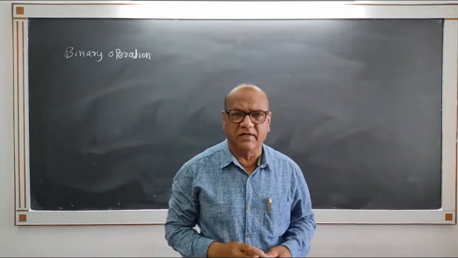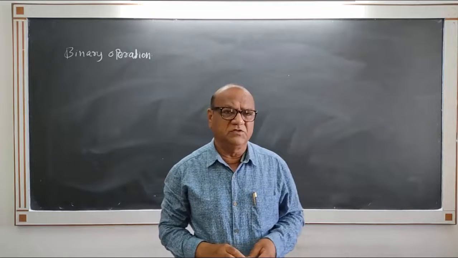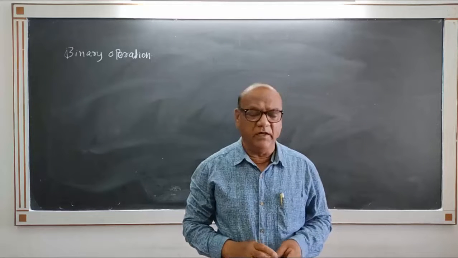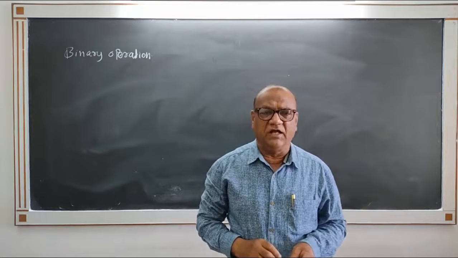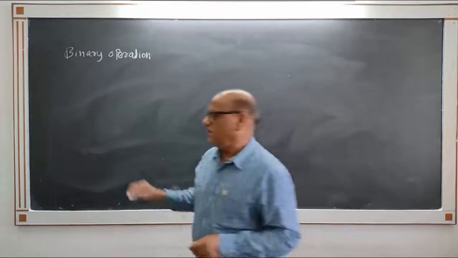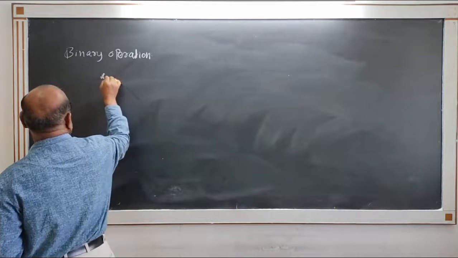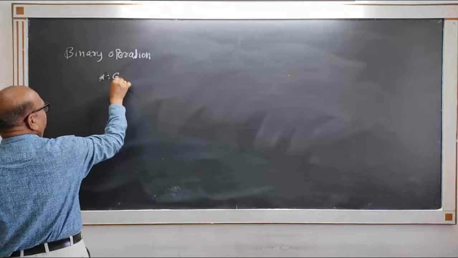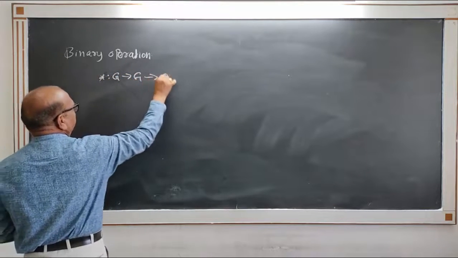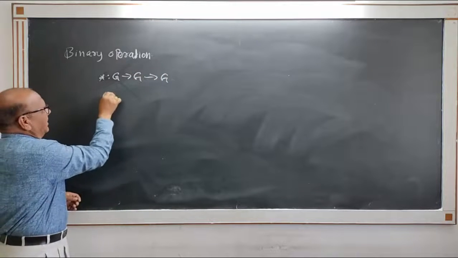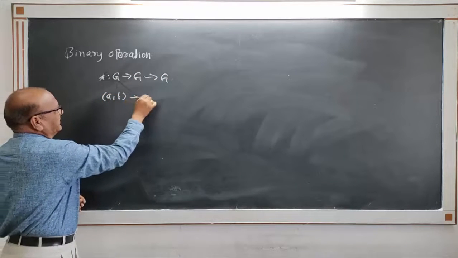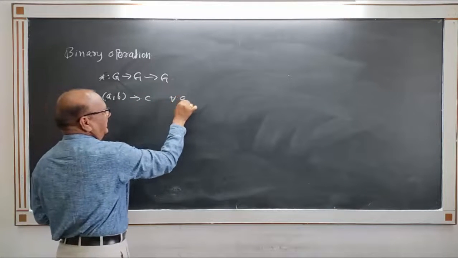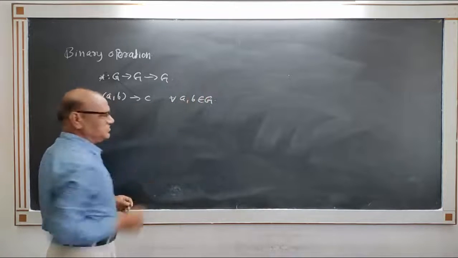Binary operation is a function from G cross G to G, that every ordered pair in G assigns an element in G. That means here star is operation, it is a function from G cross G to G. That means ordered pair A, B, it assigns element C.